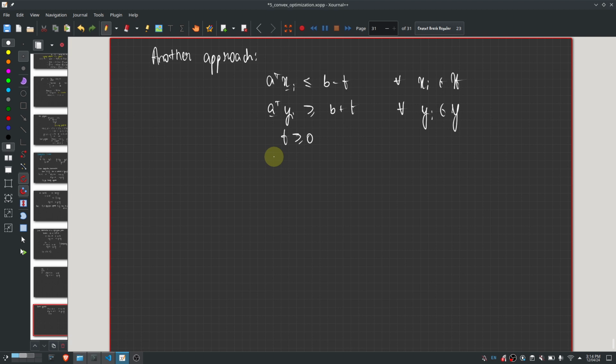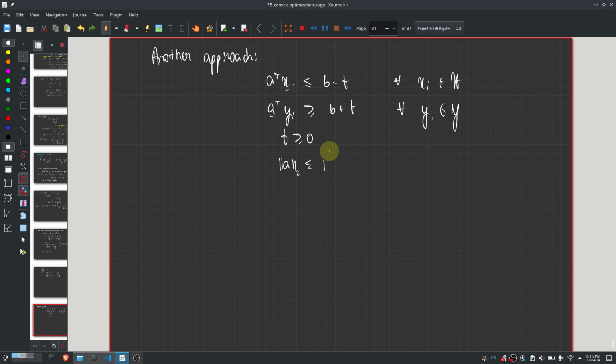So I'll instead demand that the norm of a should be less than or equal to 1. That takes care of the scaling problem. Note that I'm saying the 2-norm of a is less than or equal to 1. Now I have another new variable t, which can be interpreted as the separation between the two sets, because the norm of a is fixed right now.